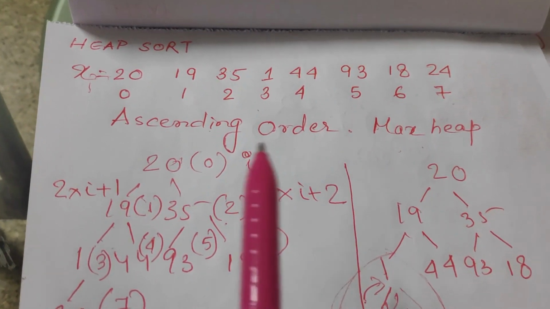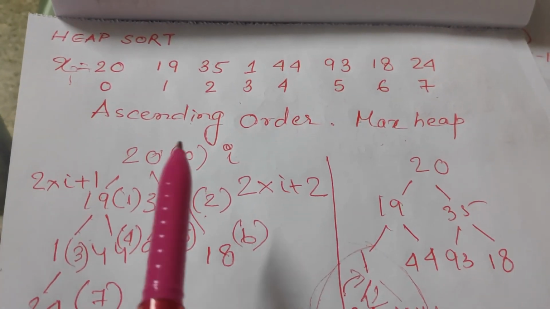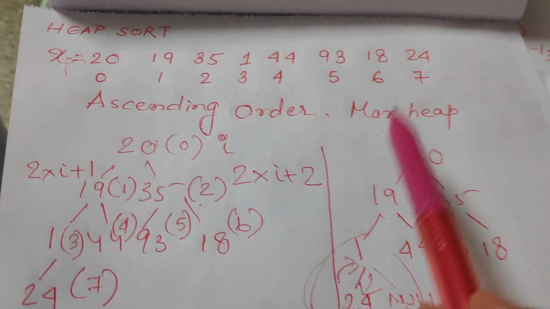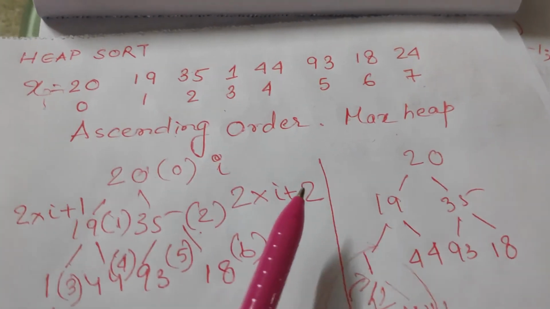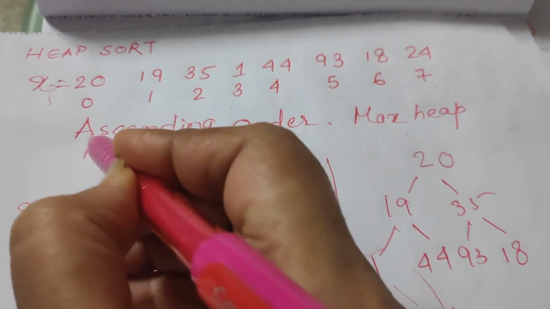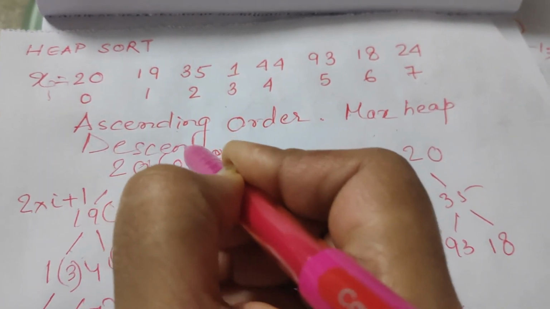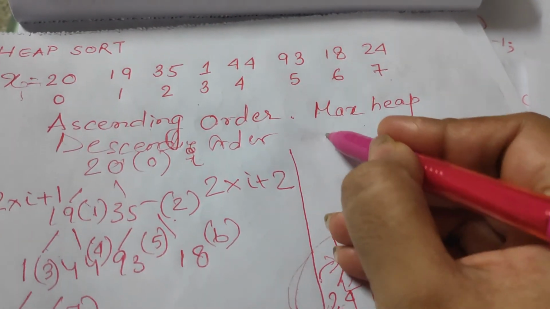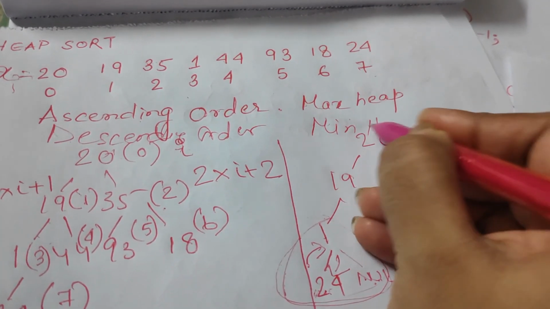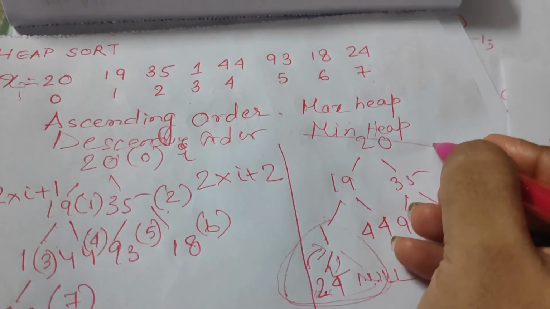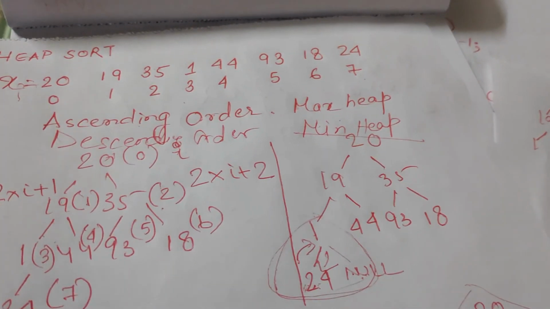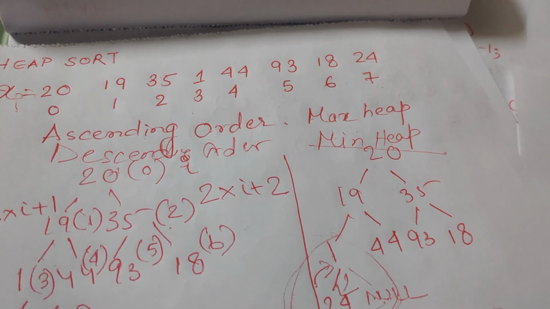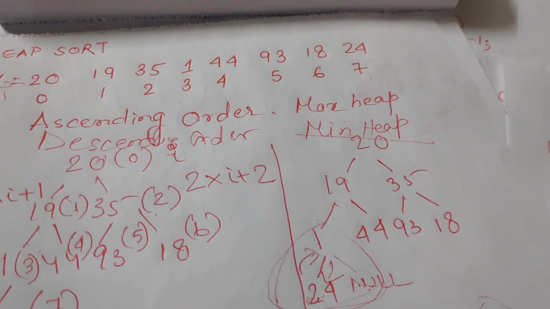When we are sorting the tree in ascending order, we use a max heap. If we are sorting the array in descending order, then we will be using a min heap.